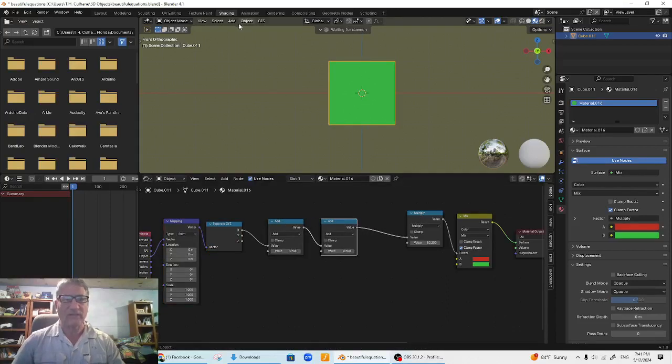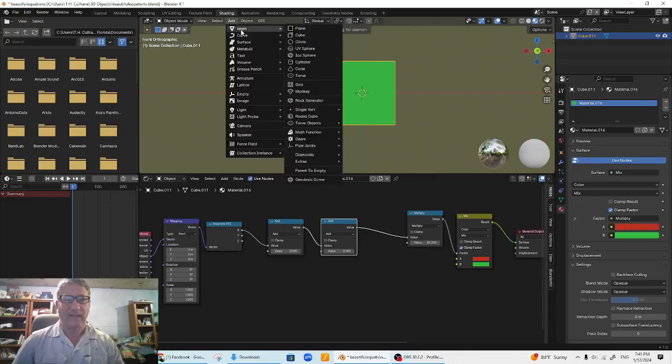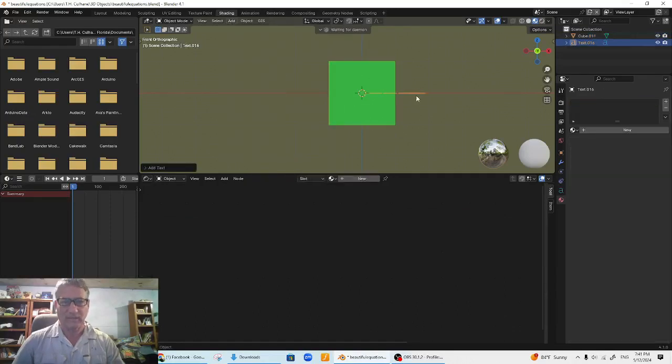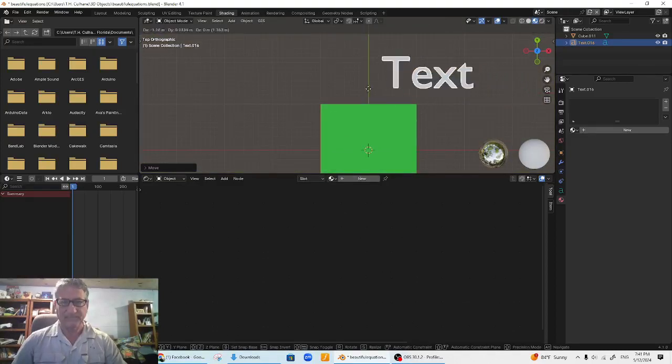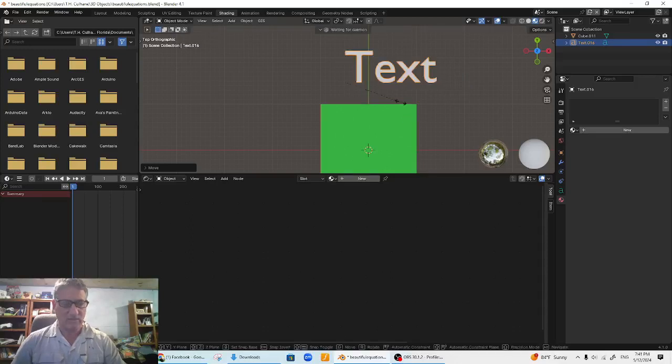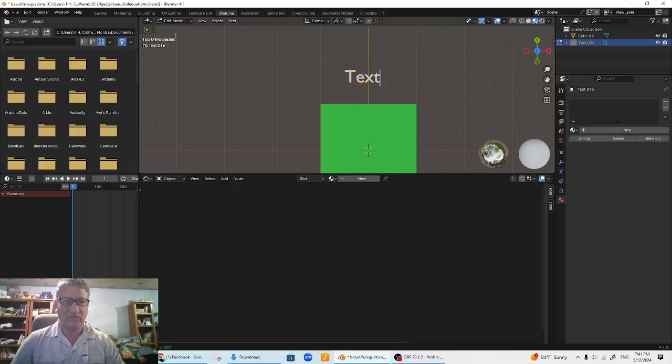I'm always going to be, from now on, using the quadratic formula, which is, and I'll type it in here, so let me add a text, and then let me go to the top view. Let me move my text over here and scale it down, and then let me edit my text.